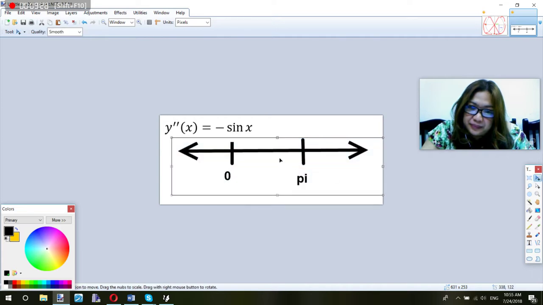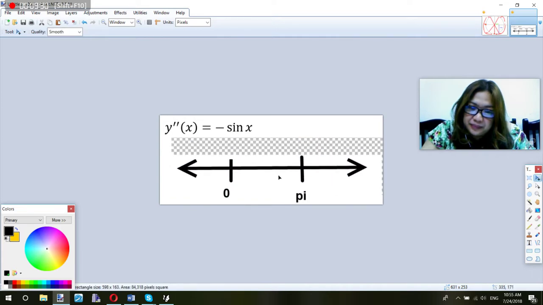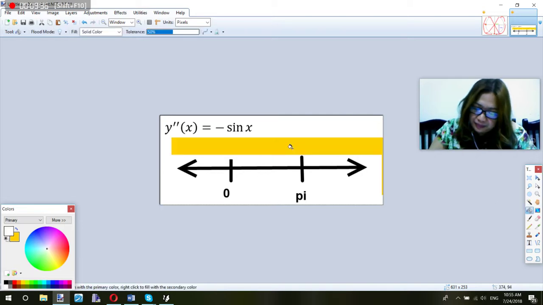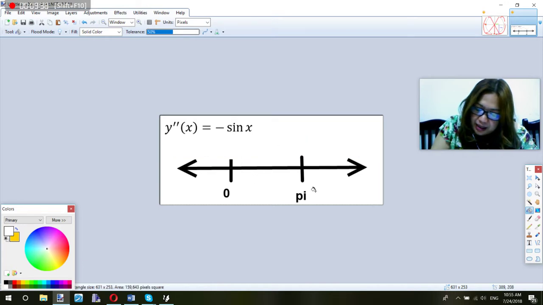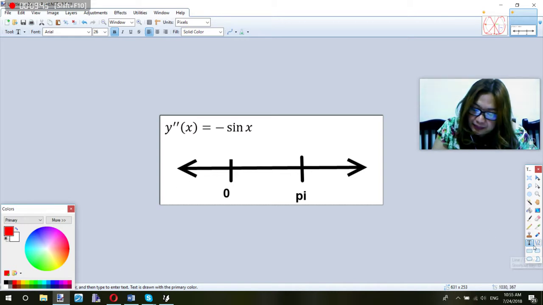So pick any point you think would be easy to test that is less than 0. Can I use negative pi over 2? I would rather not, only because that's the bound of our interval. So let's pick anything between 0 and negative pi over 2. Okay, so I could say negative pi over 3.